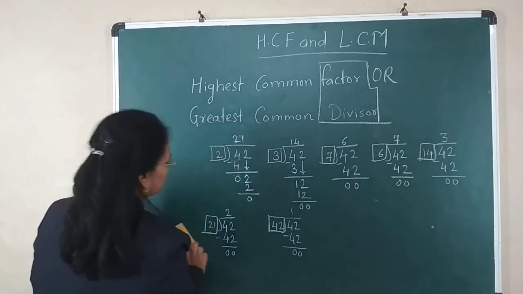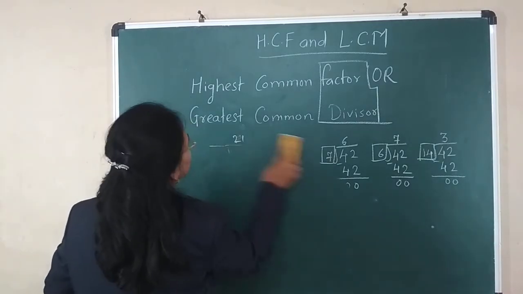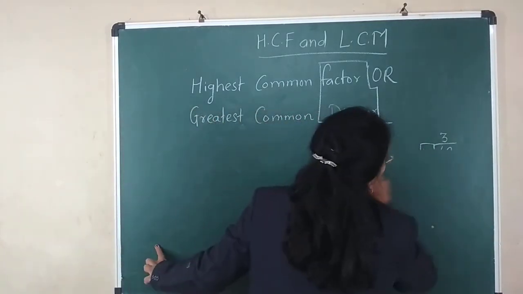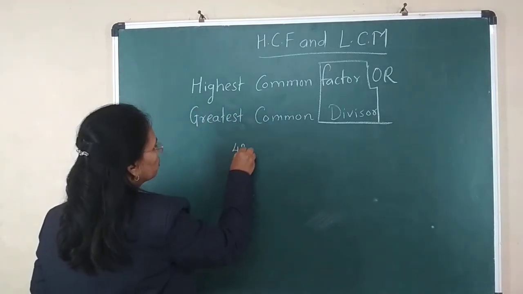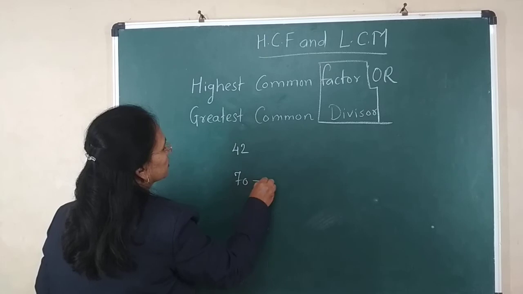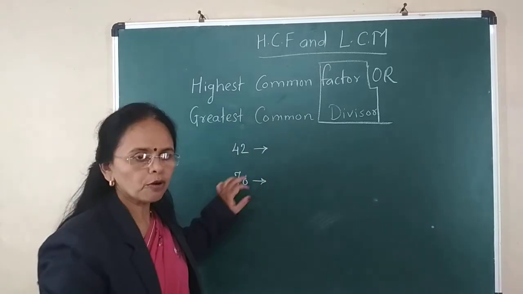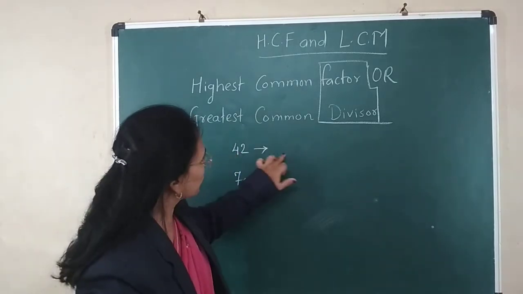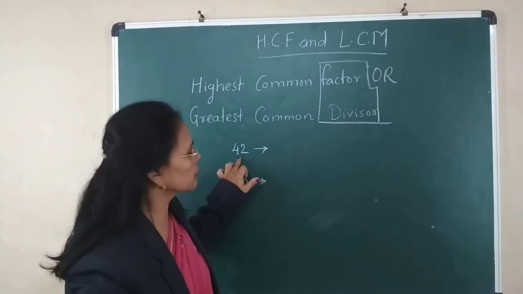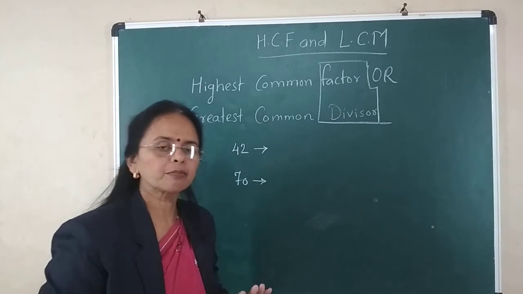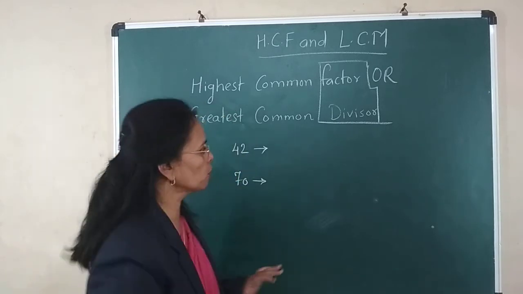Now, I'll take two numbers. Okay, the same number 42 and 70. Now, I will write in front of this by which numbers 42 is divided. That means the remainder becomes 0.